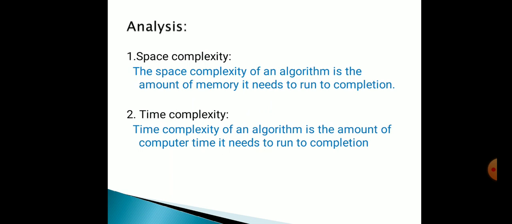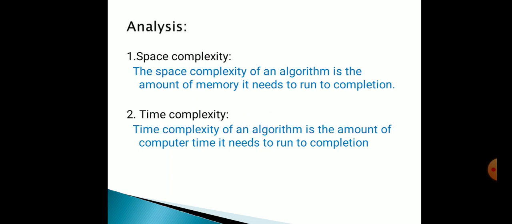Space complexity is the amount of memory taken by our algorithm to run to completion. When your algorithm is converted into a program and executed on a system, how much memory is taken by your algorithm to produce the output is considered as space complexity.